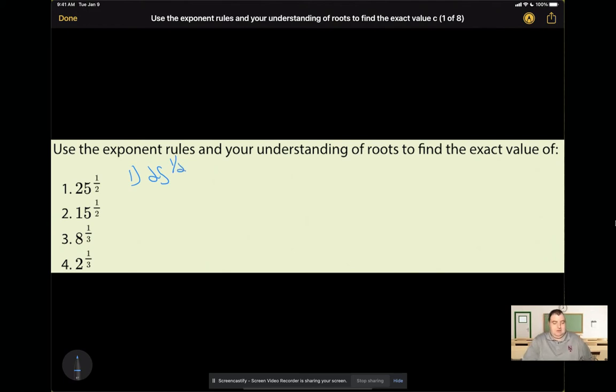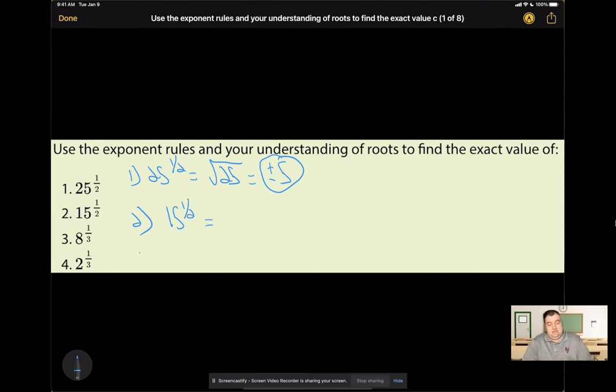Based on our lesson notes, raising a number to the power of a half is the same as taking the square root of that number. And we know that the square root of 25 is positive and negative 5, which would be the exact value of that.